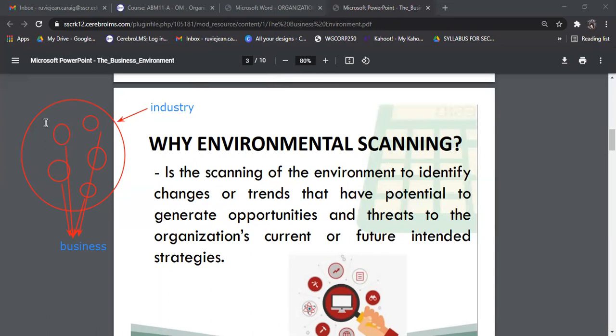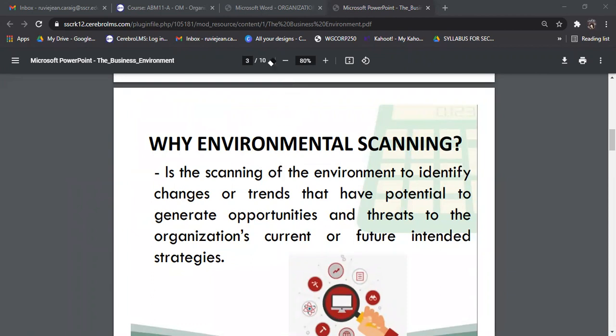Eh, kasi tingnan niyo dito, makikita niyo agad na marami silang kakumpetensya. Meron kasi mga maliliit na circle, malalaking circle, na pare-parehas sila ng industry na kinagalawan. So, syempre, since marami kayong competitors, ano dapat yung edge? So, more of that as we go through our PowerPoint presentation. Okay? Therefore, you need environmental scanning.